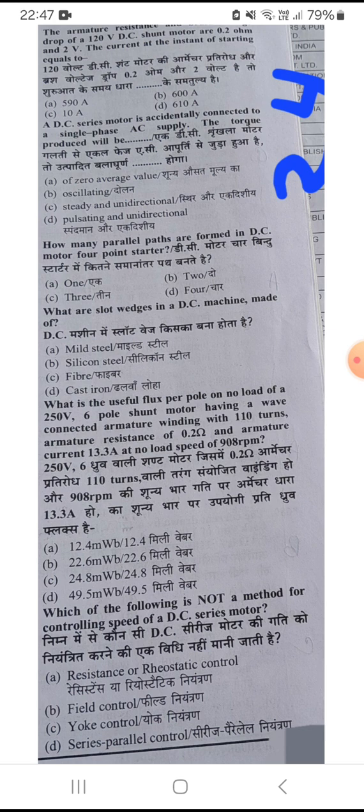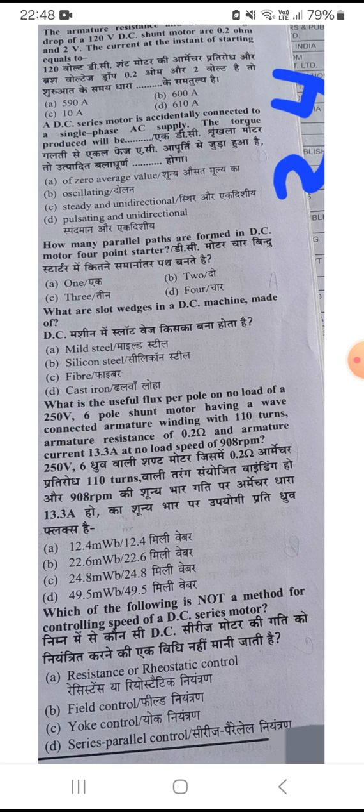We put the values and get phi equal to 0.0247 Weber, so phi is equal to 24.8 milli Weber. That is the right answer. Which of the following is not a method for controlling speed of a DC series motor?